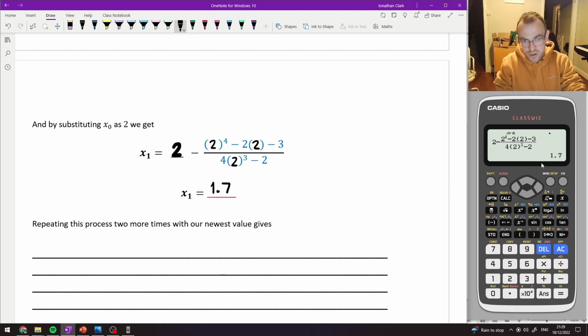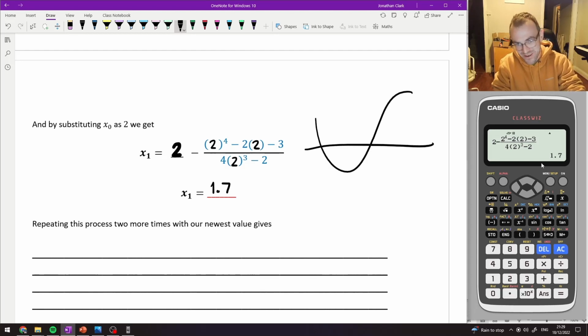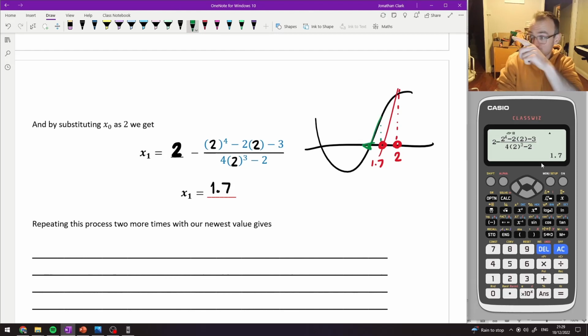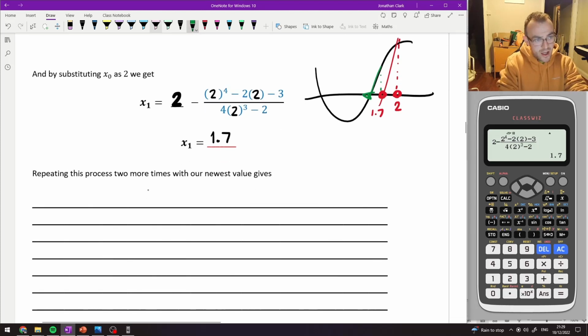In terms of the function, if I drew the curve very roughly, we've started at 2, we've drawn a tangent, and the crossing happened at 1.7. We're then going to do that process again and hope to close in on our root. So we'll do the entire thing again with 1.7.